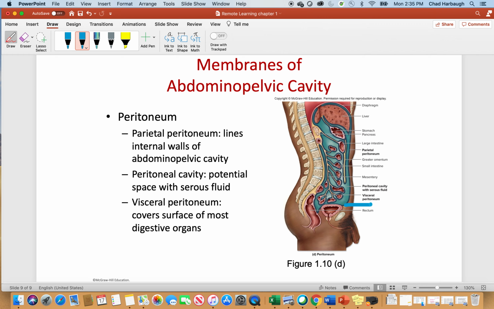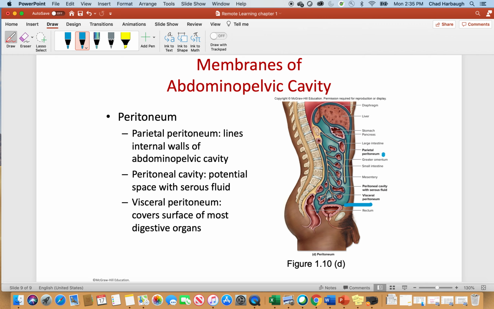For this illustration, we're going to be looking at the peritoneum. The peritoneum is the serous membrane of the abdominal pelvic cavity. The peritoneum, again, is a two-layered serous membrane that lines the entire surface of the pelvic cavity. So we're looking at the abdominal pelvic cavity as a whole. The parietal peritoneum is the outer layer of the serous membrane.